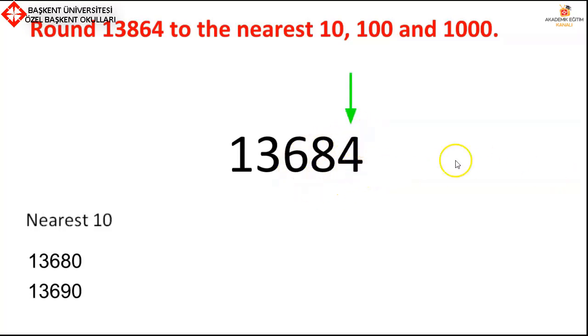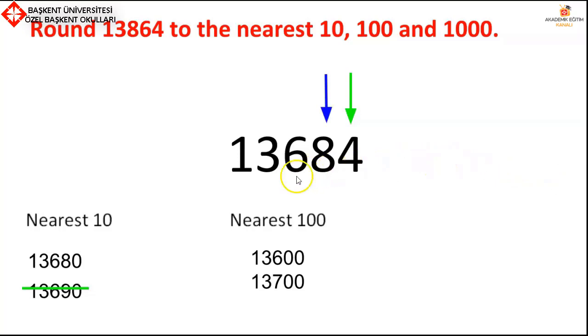It's the number 4. Remember the rules: 1, 2, 3, 4, you go down. So we're going to stay on the 8. So the answer is going to be 13,680. Now we're looking at the nearest 100. Is it 13,600 or 13,700?